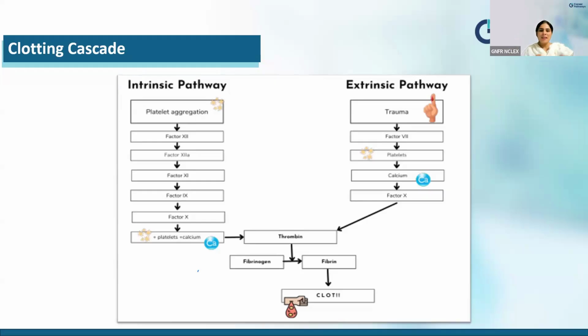Thrombin then converts fibrinogen to fibrin, and in the end it becomes a clot. Clot formation is there, right?